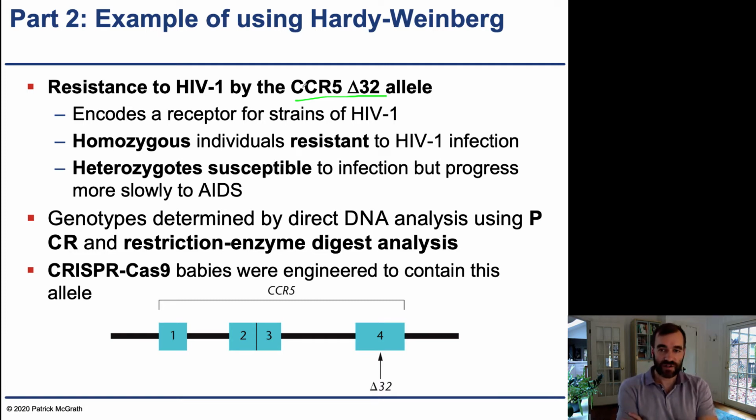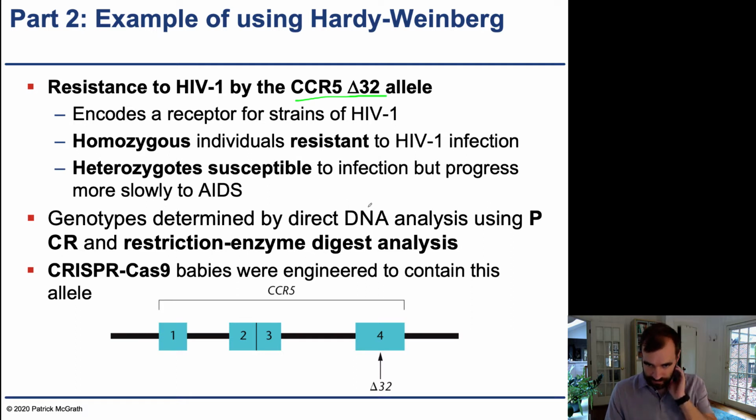The way viruses often find the cell they infect and gain entry to hijack its processes is that they physically bind to some transmembrane receptor present on the outside of the cell. HIV recognizes this protein, CCR5. Individuals that are homozygous for the delta 32 allele are resistant to HIV infection. Heterozygotes are susceptible to infection but progress more slowly to AIDS.